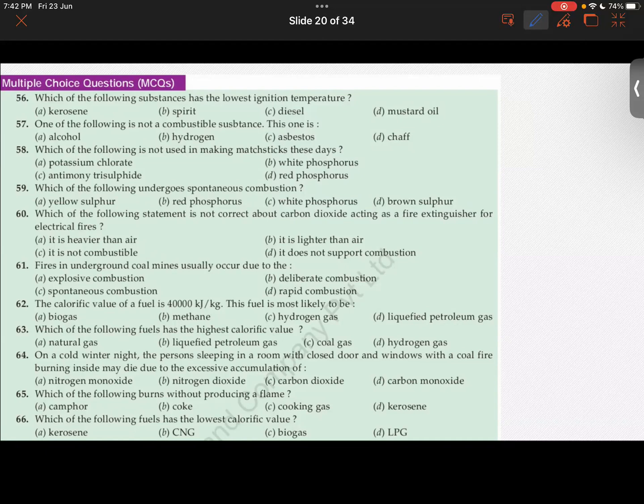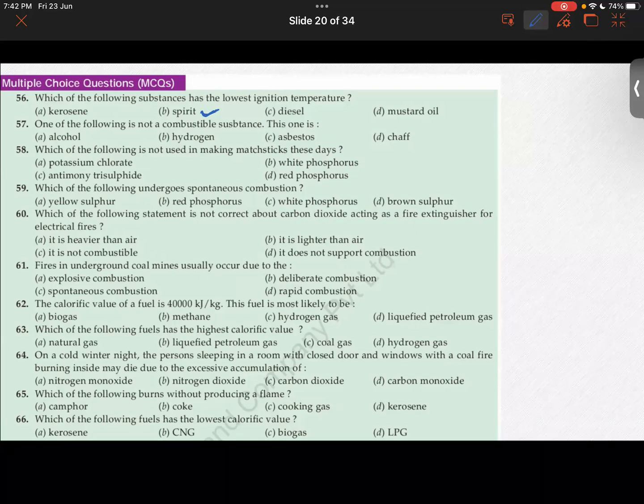No, it's spirit here. The ignition temperature of spirit is lowest, right? Okay, sir.